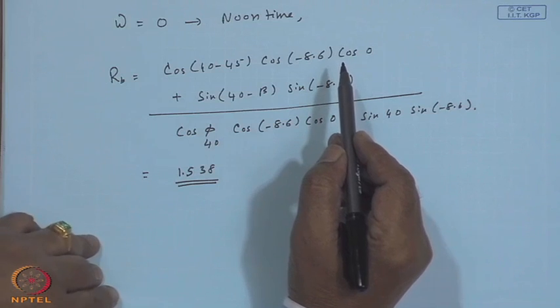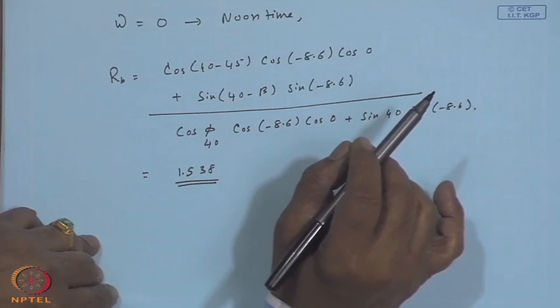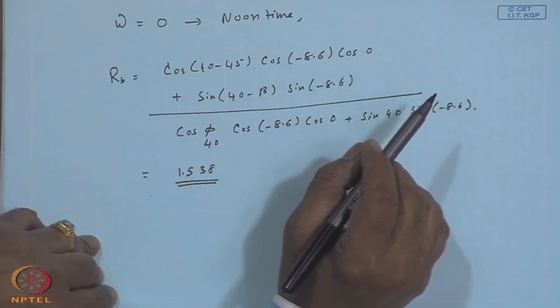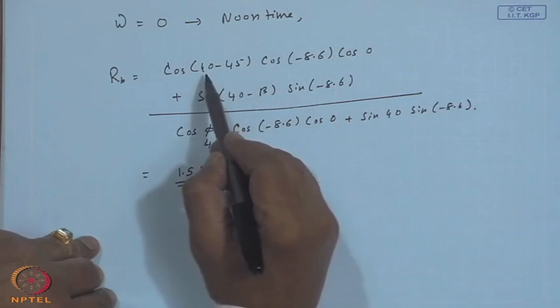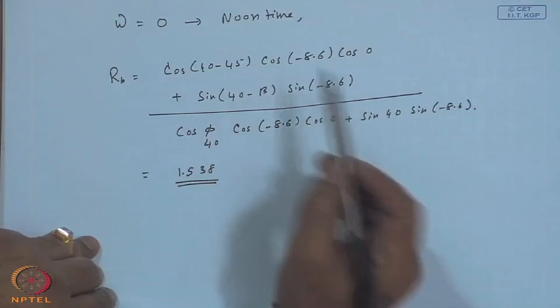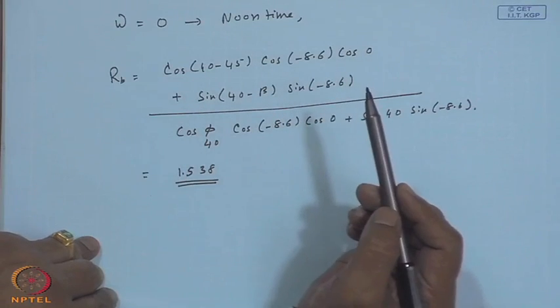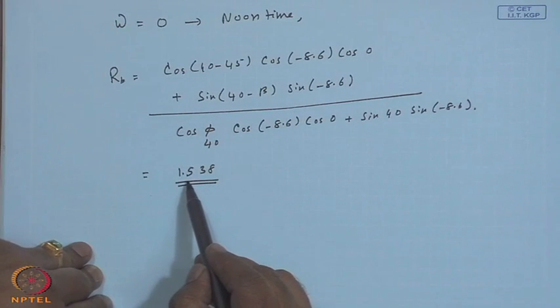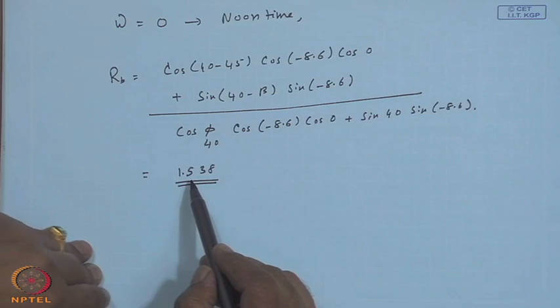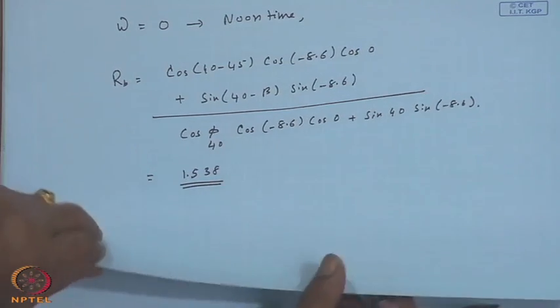So, we found in the Constantine collectors phi minus beta is equal to delta is an optimum orientation. Similarly here you have got phi pretty close to beta and pretty close to the equinoctial day. So, you have got a fairly high RB at noon time.